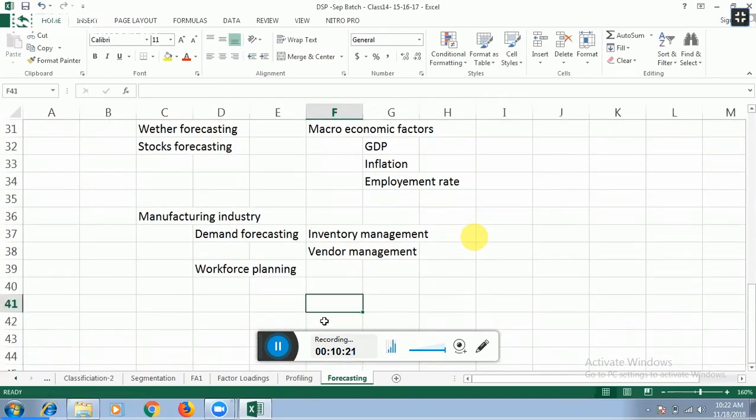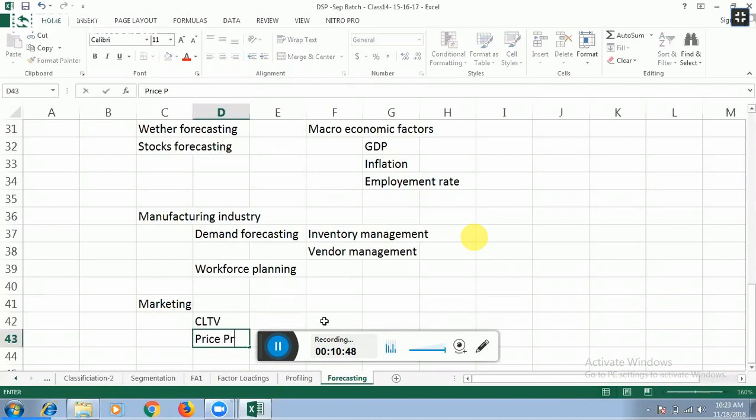And in marketing, a lot of times customer lifetime value, CLTV. CLTV is also a kind of forecasting: how much a particular person is going to spend in the next 3 years. Of course, it's not one simple application; it's a combination of things, but forecasting is one of the things which will work.